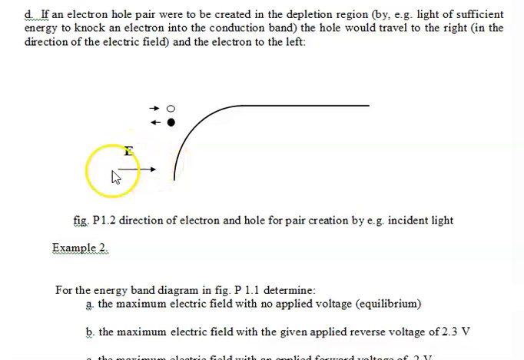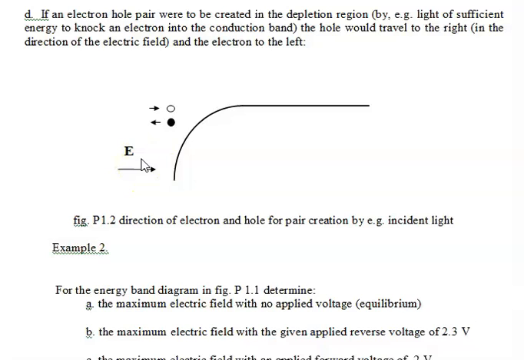The internal electric field points from left to right, and the reason is that we have negative ions in the depletion region, negative arsenic or boron ions, which means that the electric field points in the positive direction.